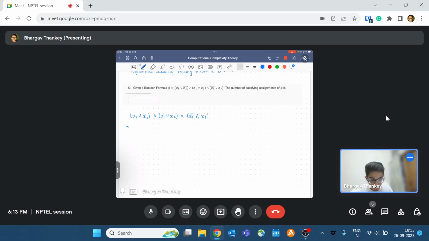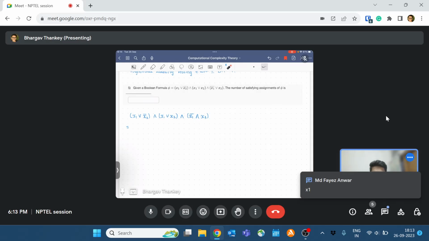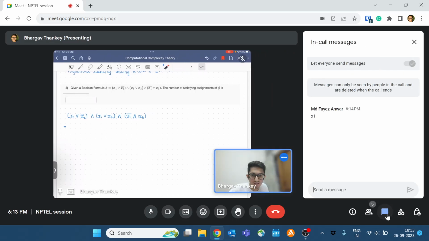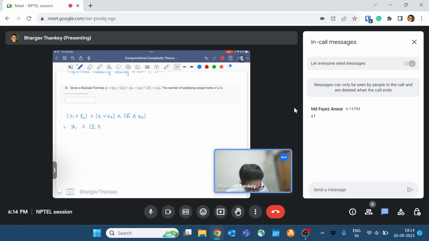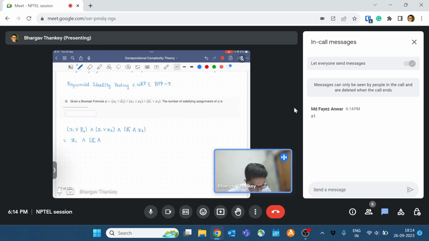What I'm saying is I can simplify this expression into a simpler one. Can you tell me what the simpler expression equivalent to this is? Yeah, you are right. It's x1. So my claim is this is just equal to x1 and x1 complement. Wait, there should be an or over here, not an and.